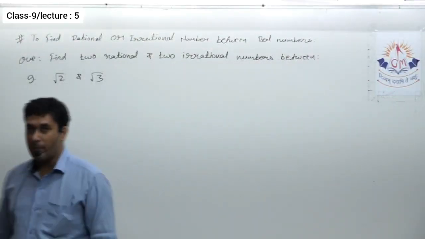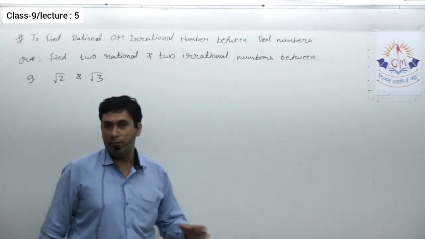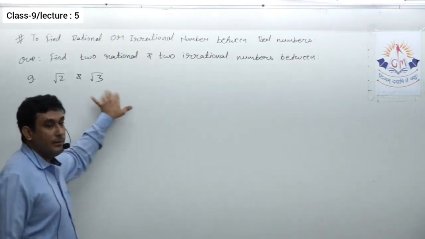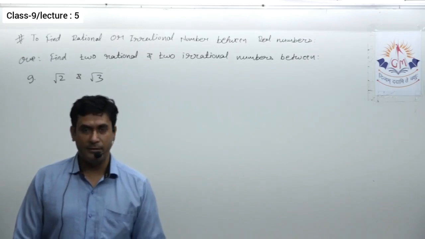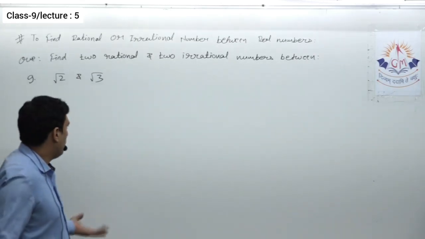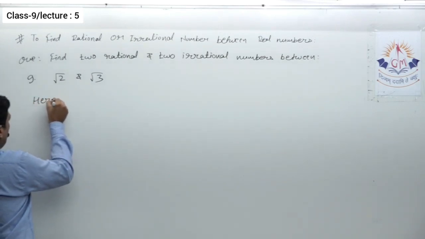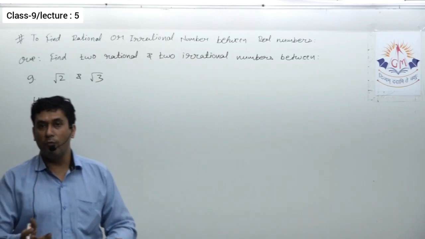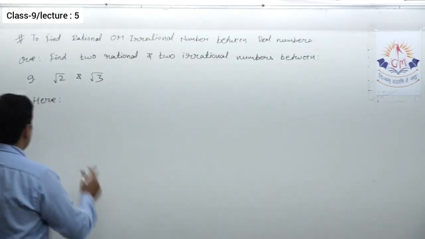Okay, so I hope you got something on how to get them. There are two methods, we'll discuss both. First method: if I convert these into decimal form, it is very easy to find rational and irrational numbers, as we saw throughout. First of all you should know how to find the square root of 2 and 3, which we already saw in our previous lecture.